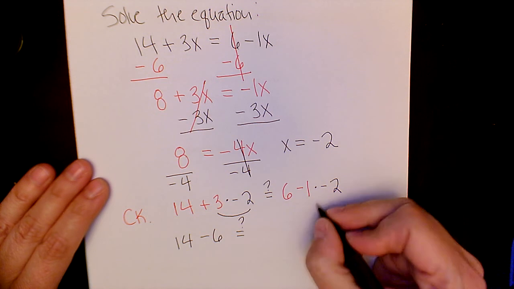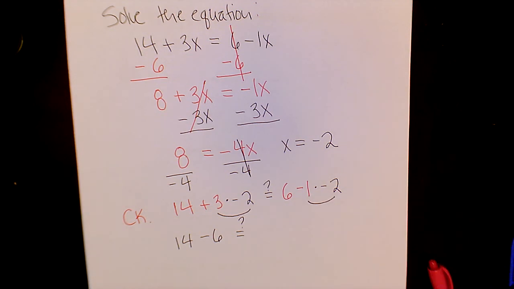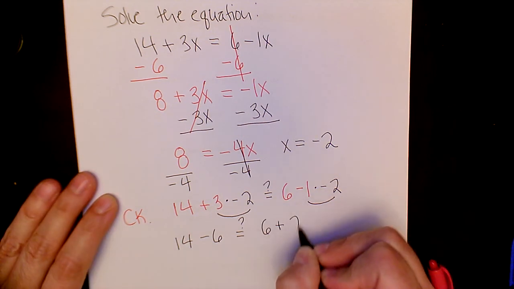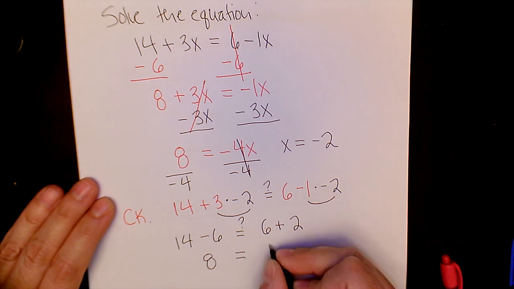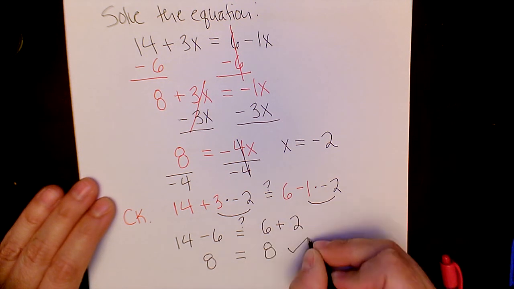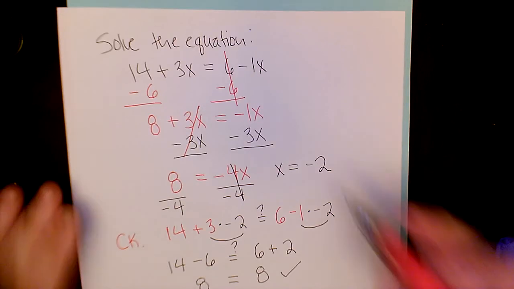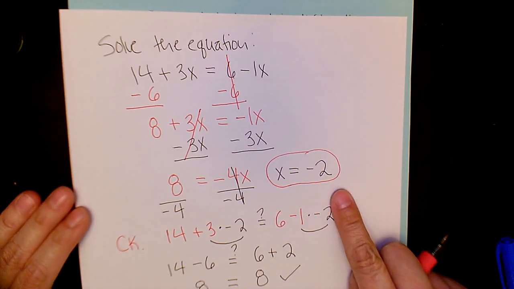And 6 minus 1 times negative 2, following PEMDAS, I'm going to do minus 1 times minus 2, which is a positive 2. So this is 8 on this side and 8 on this side. So it does check. So my answer to that word problem is negative 2.